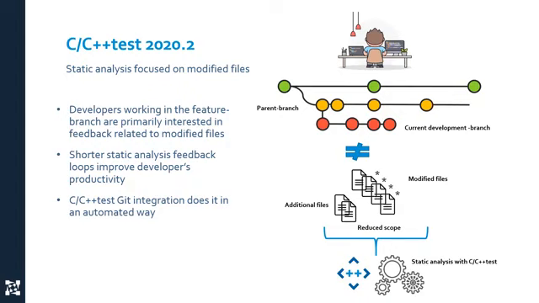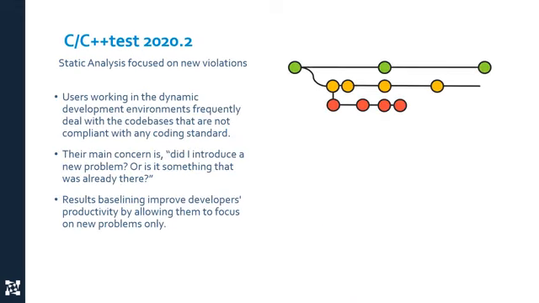It's recommended, however, to combine these runs with unrestricted static analysis scans in the CI/CD. Our latest release brings one more functionality that helps in focusing static analysis on relevant problems. This is baselining of the static analysis results.